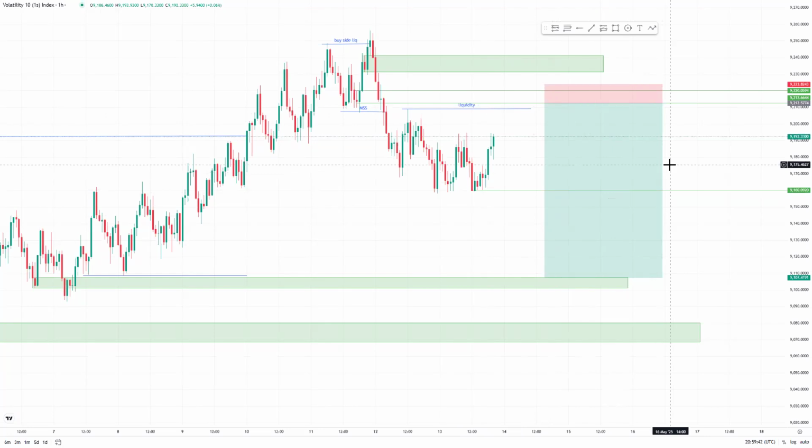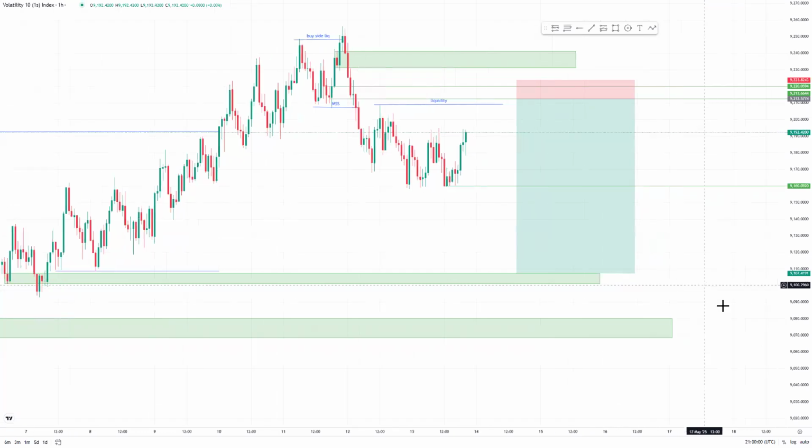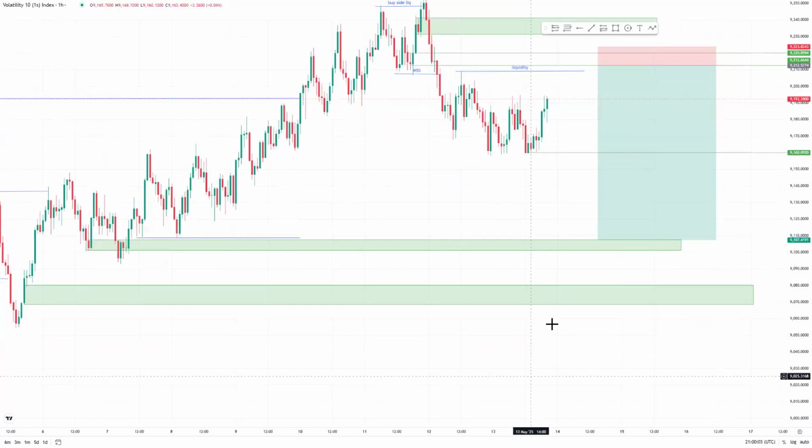Then you use support become resistance to take the trade. SBR, you use that to take trade after price tap into this zone and start selling. You just continue using SBR along the line, SBR to take the trade till you get to a specific zone that is strong.